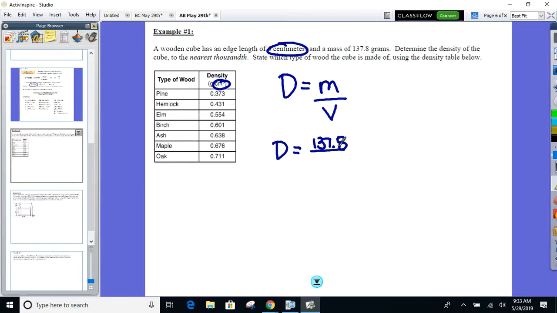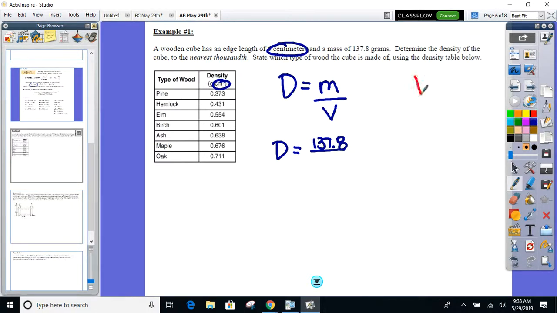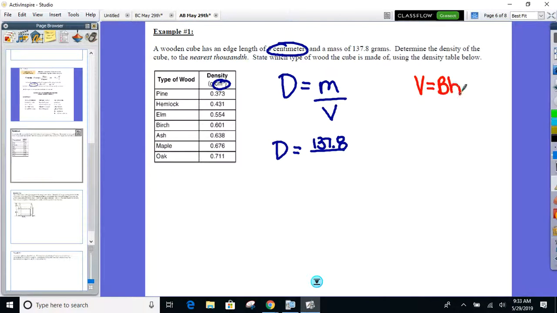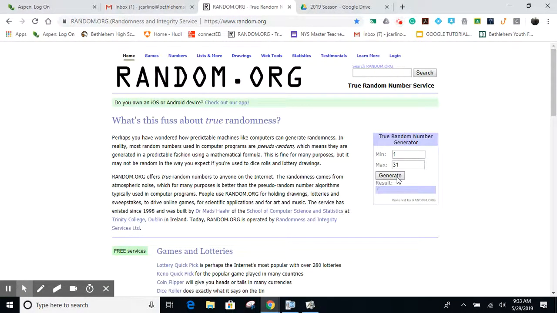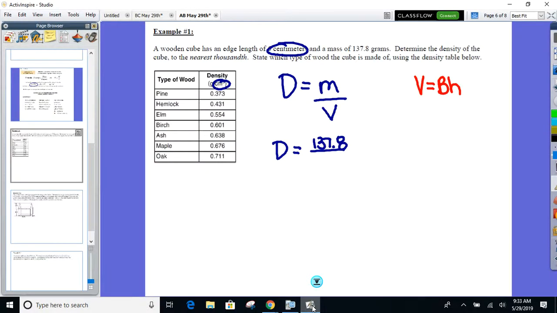It's a prism, so we can do volume equals big B times H. Tell me what we're going to multiply together to find the volume. The base times the height, which is also 6. That gives me a volume of 216 centimeters cubed. I love it because we're in the same units as our density.